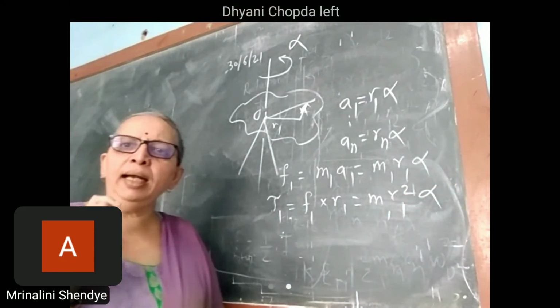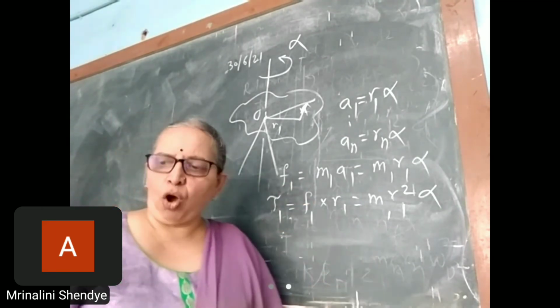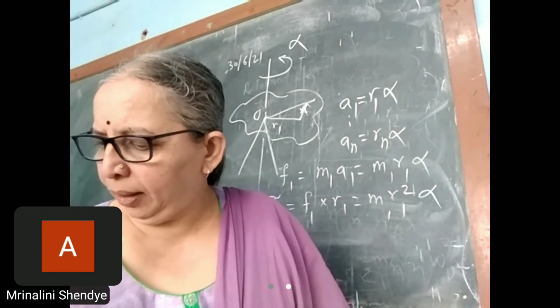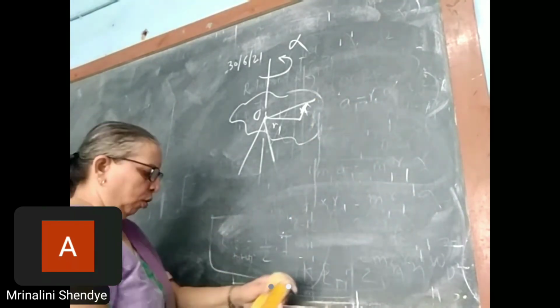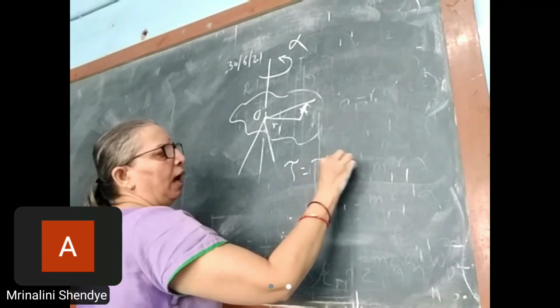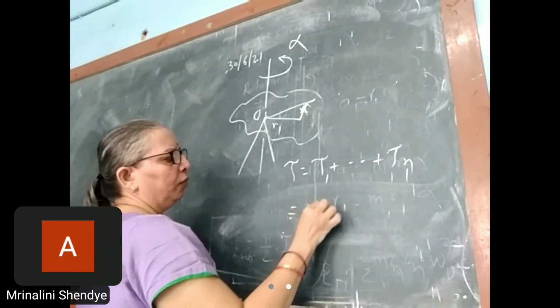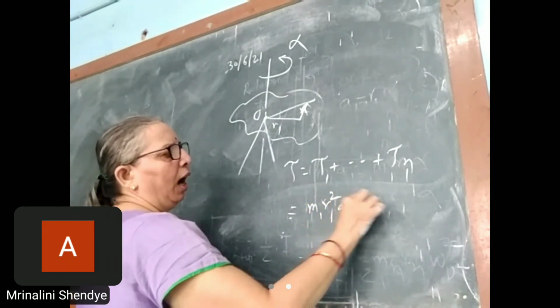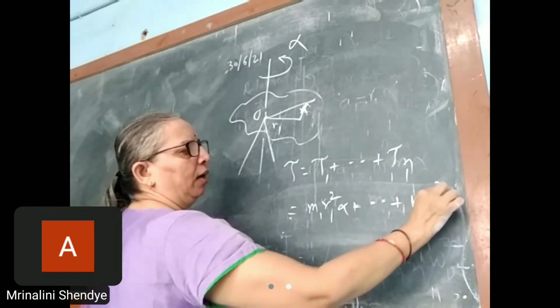So each and every particle will experience torque. So the net torque, the resultant torque experienced by the body, will be tau 1 plus up to tau n. So that will be m1 r1 square alpha up to mn rn square alpha.